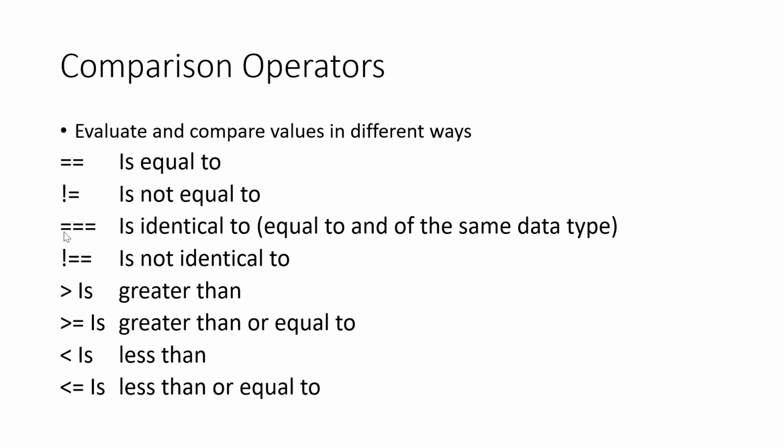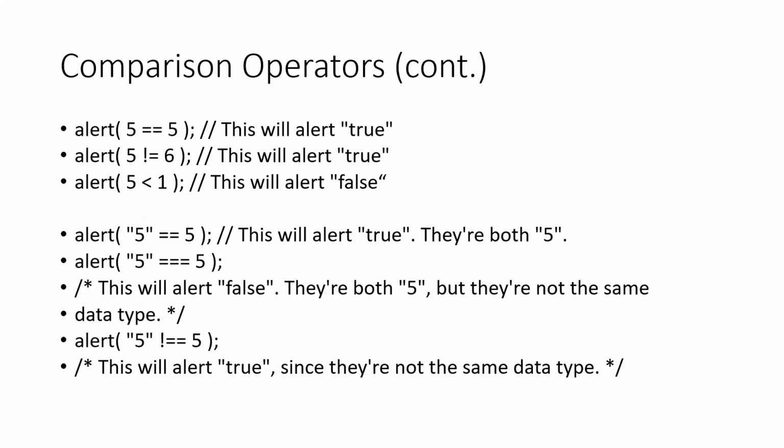But when you have three equal signs like this, it will check whether the values are identical. I'll come up with an example. And the next one is not identical. You have an exclamation mark and two equal signs, which is to check whether it's not identical. Then we have greater than or equal, less than, and less than or equal.